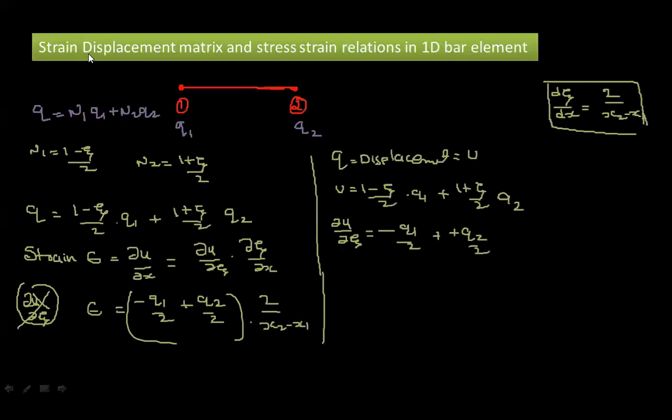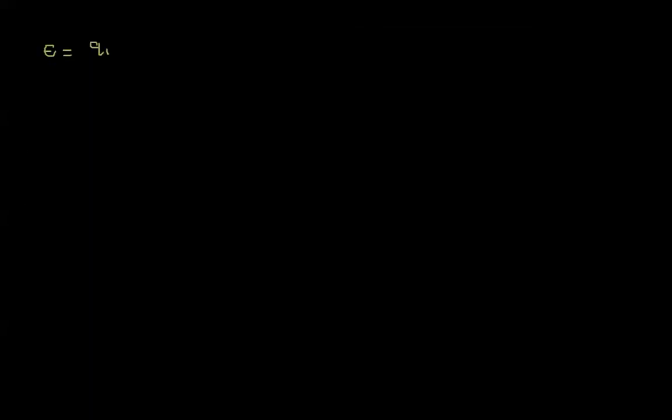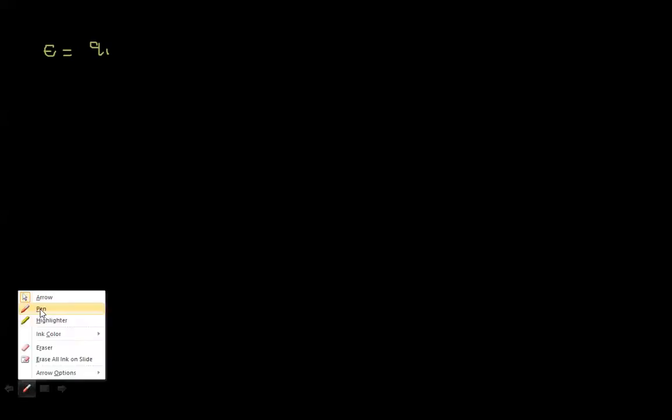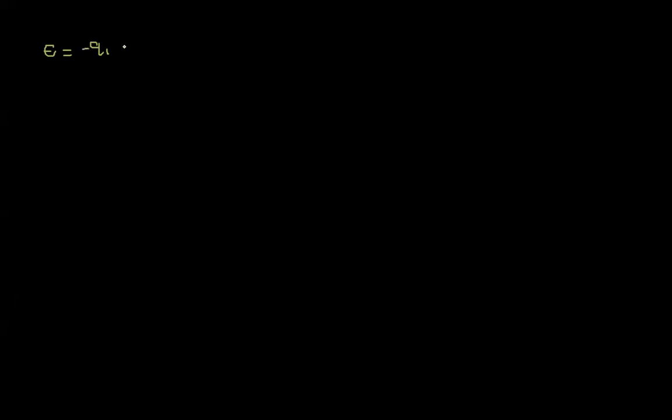Let us write the simplified form. Epsilon is equal to minus Q1 plus Q2, divided by 2, into 2 by x2 minus x1.